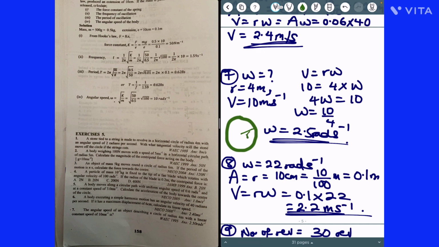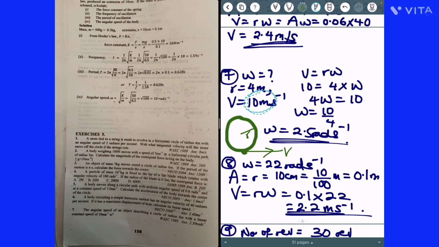Now, at any point in time, a tangent to the circle gives the linear velocity. The linear velocity at this point is a tangent to the circle at that point. Then, angular velocity is w.